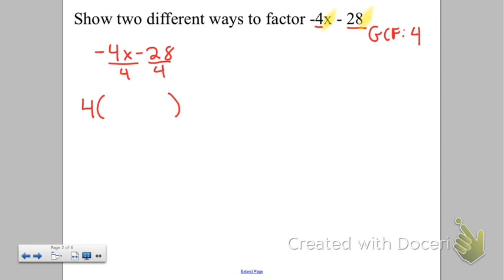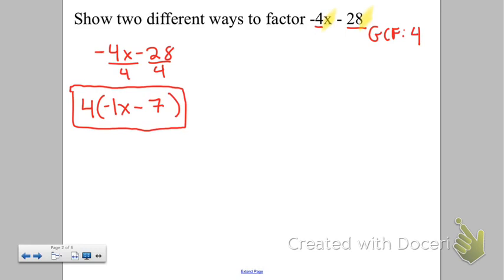Negative 4 divided by 4 is negative 1, and the x just comes down. Negative 28 divided by 4 is negative 7. So that would be one way for me to factor this expression.